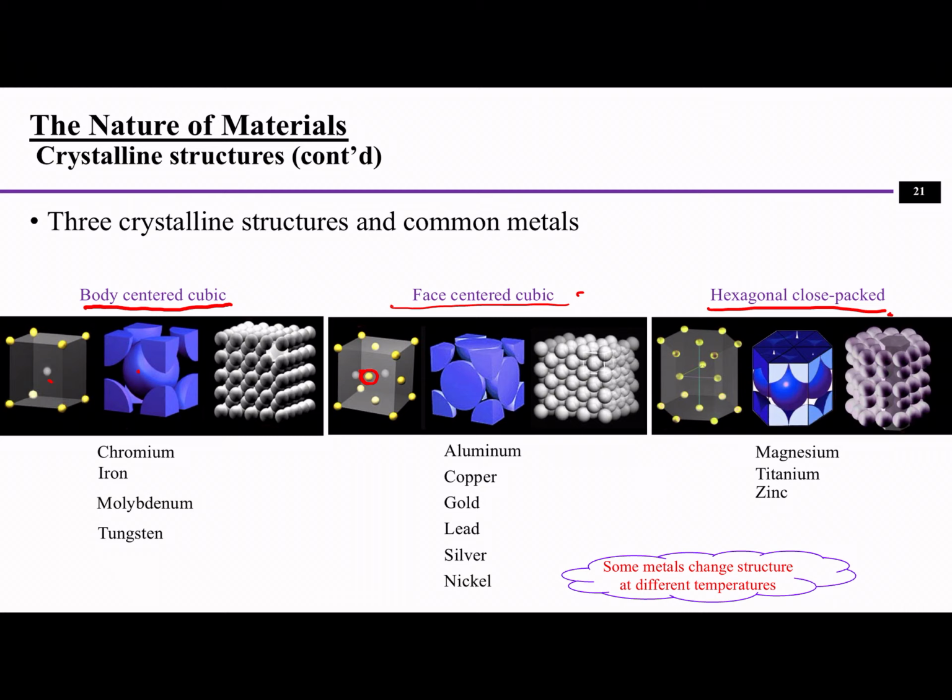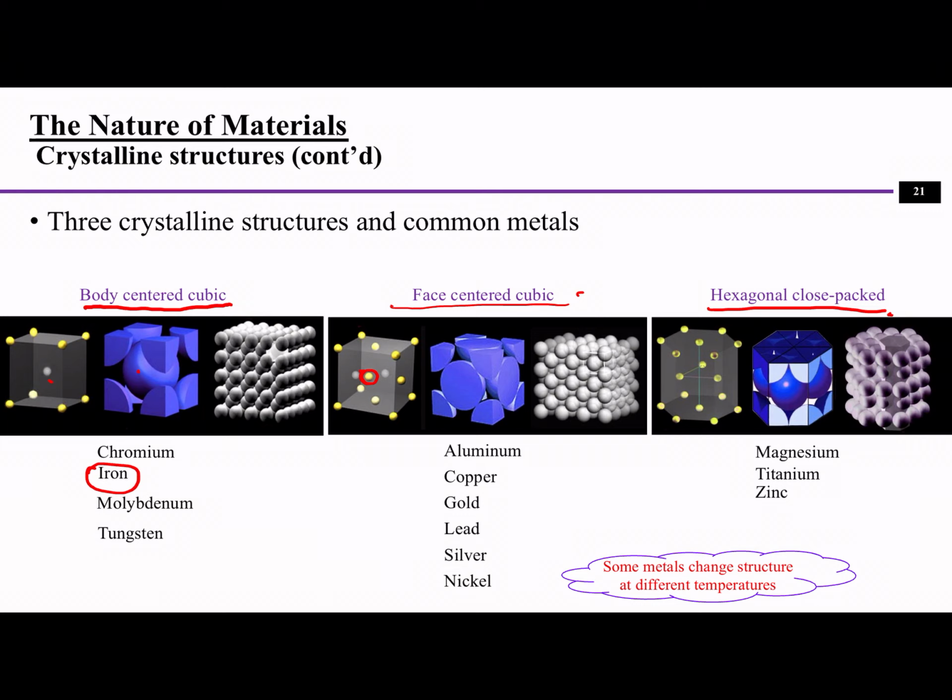Something you need to pay attention to is that some of the metals change structure at different temperatures. For example, iron. At a lower temperature, it's body-centered. When it increases to a certain temperature, it will change to face-centered. And if you keep increasing the temperature, it will change back to body-centered.